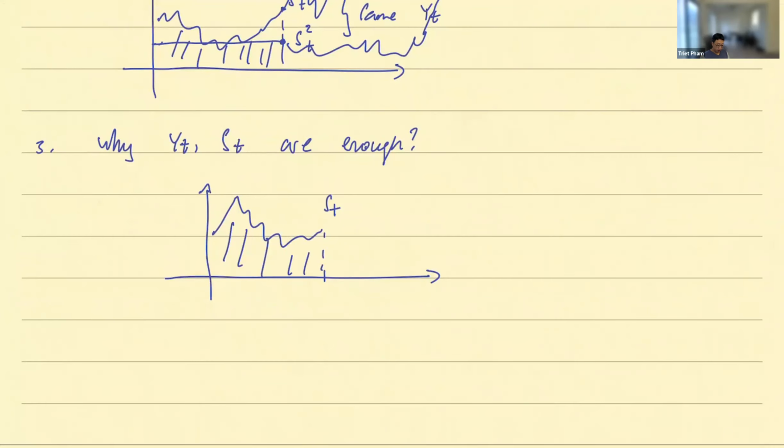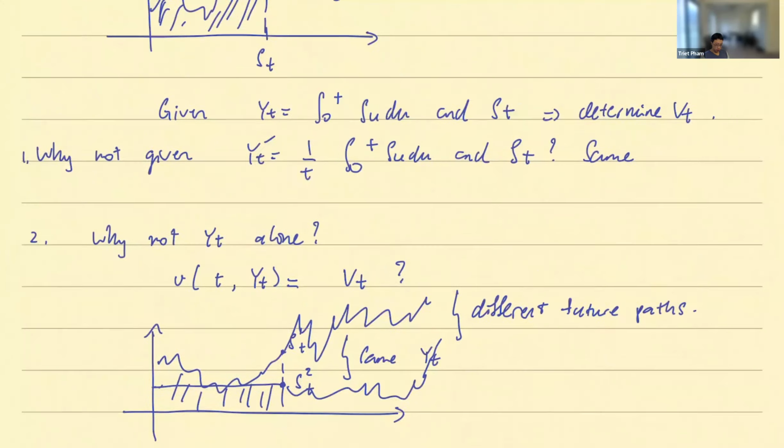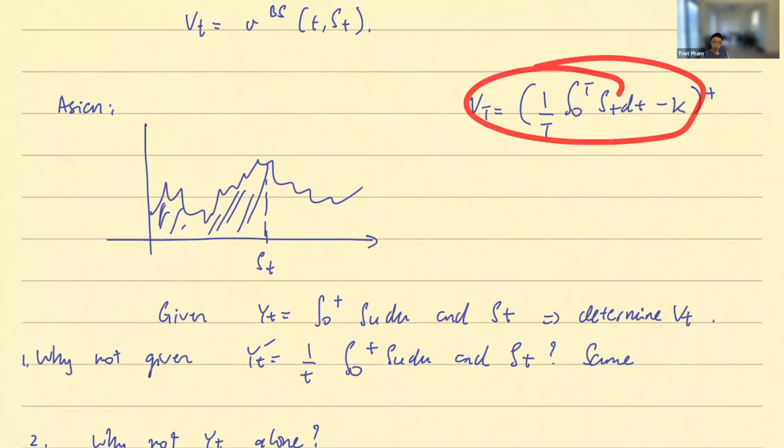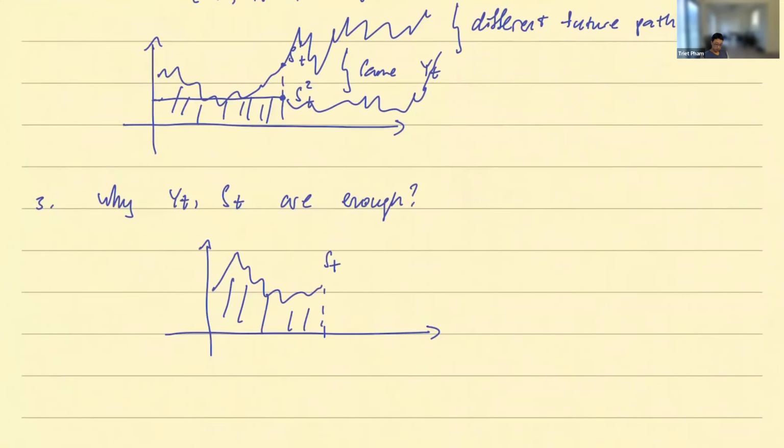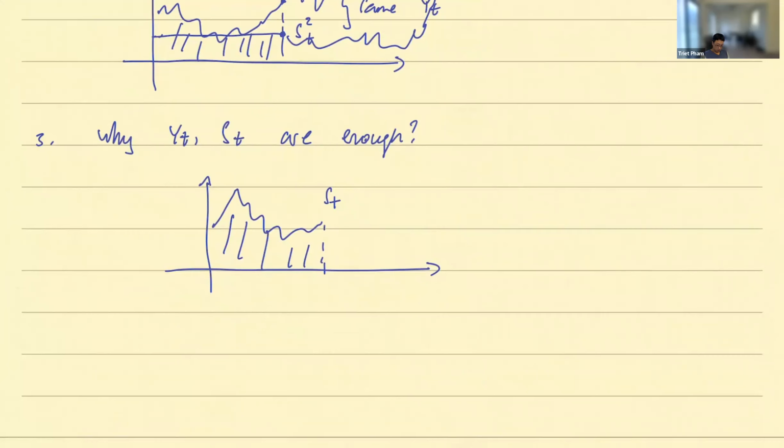So why are these two enough for us to capture the future? Well, because the future more or less only depends on this guy. This guy is the only thing that really matters about the future. The rest are just constants.